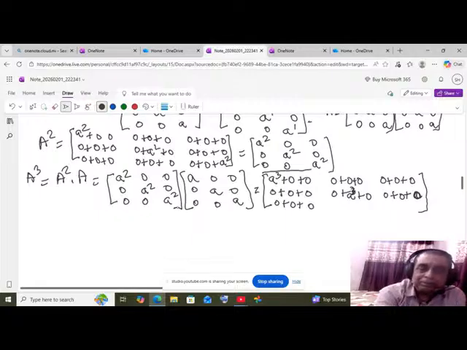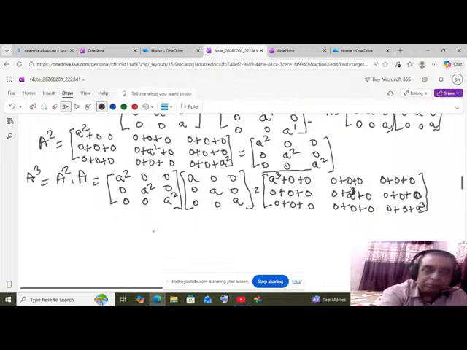Now the third row multiplied with the second column. 0 times 0 is 0, plus 0 times A is 0, plus A squared times 0 is 0. Now third row, third column. 0 times 0 is 0, plus 0 times 0 is 0, plus A squared times A is A cube.